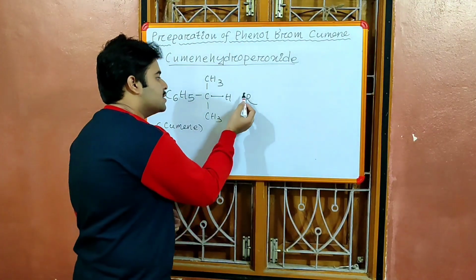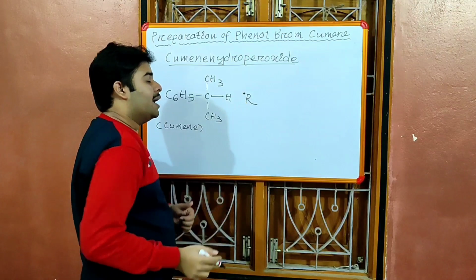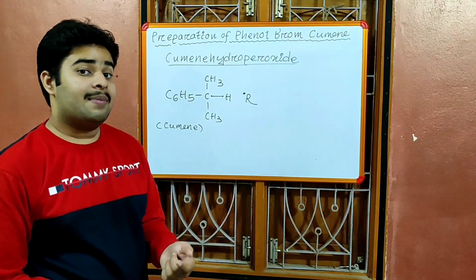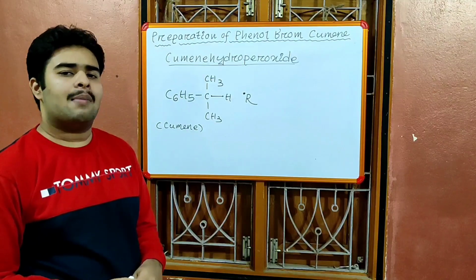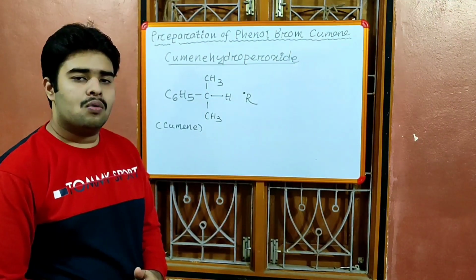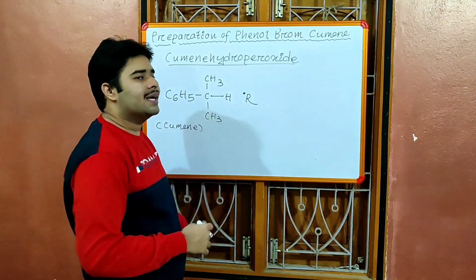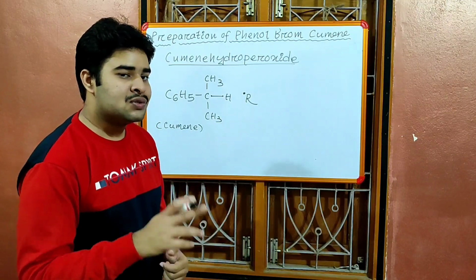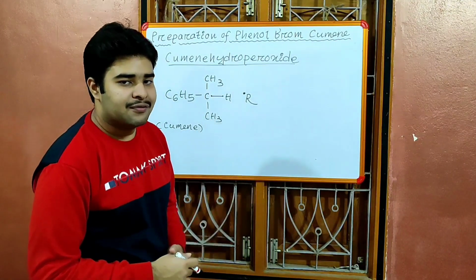As this is a free radical, it will abstract, and free radicals are generated by homolysis. When there is no or very minute electronegativity difference between two atoms, they will undergo homolysis and form free radicals. As this free radical is very free, it will abstract this hydrogen to make a company for it.